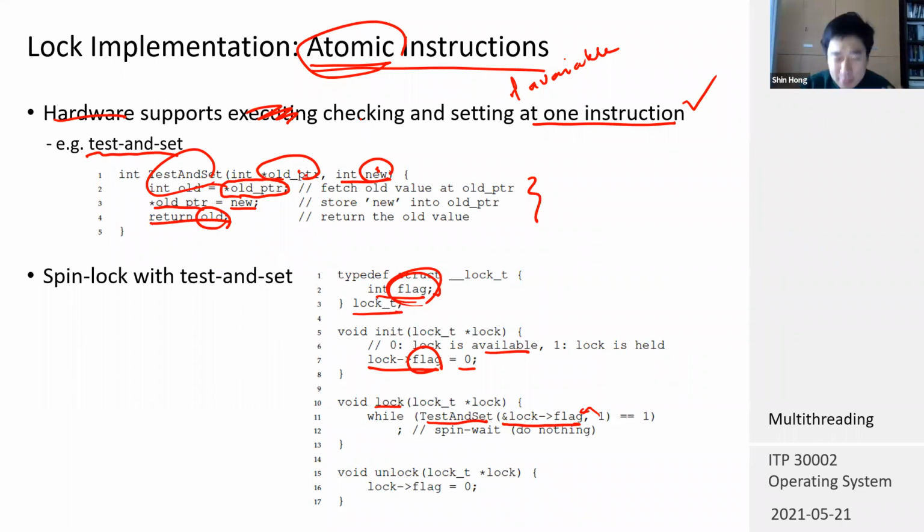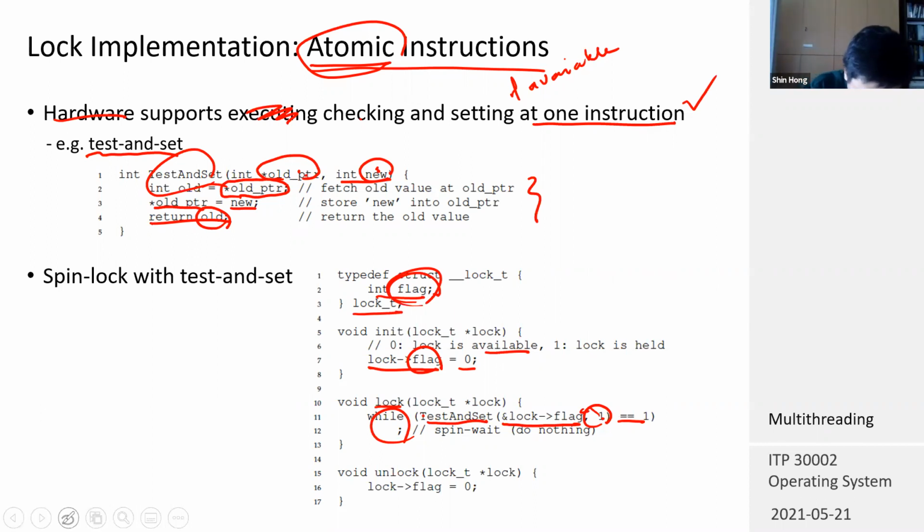So the writing will happen, but at the same time, the old value, the current value right before this instruction is executed, will be returned. If the current value is 1 and it asks to update it to 1, the lock is already acquired, so we cannot move on to hold this lock. This thread should be blocked, so it cannot escape from the while loop.